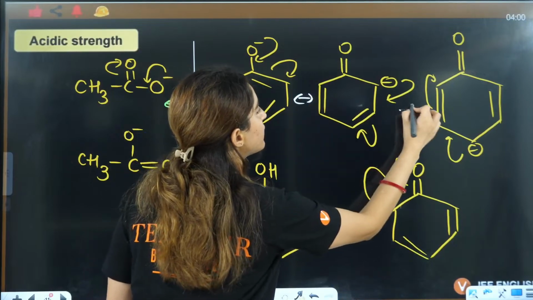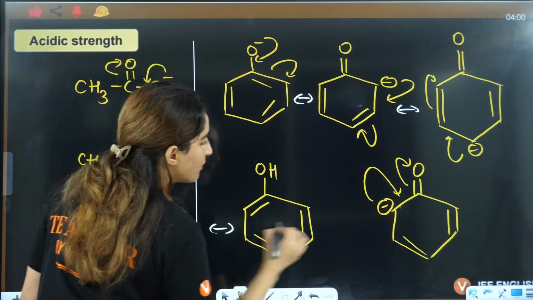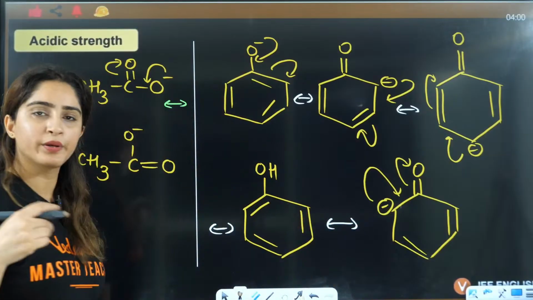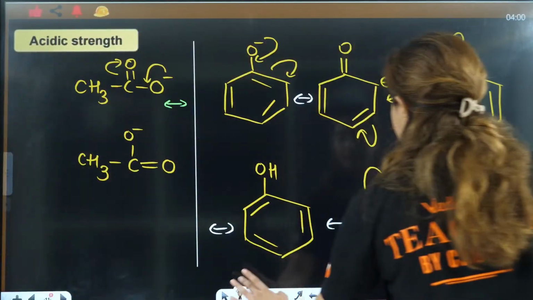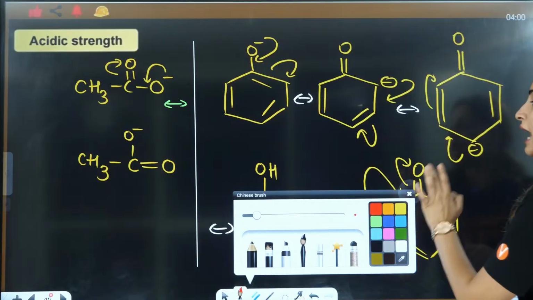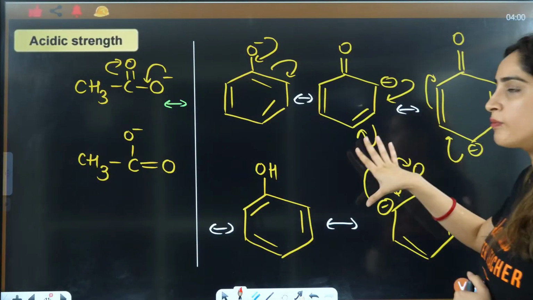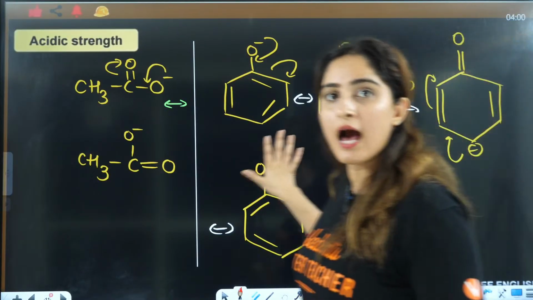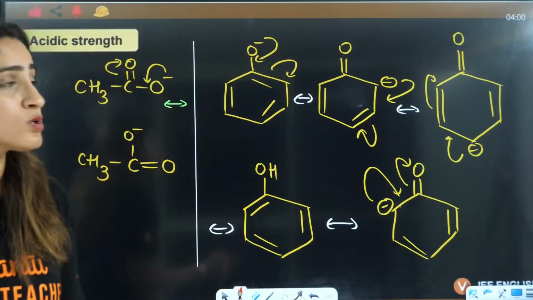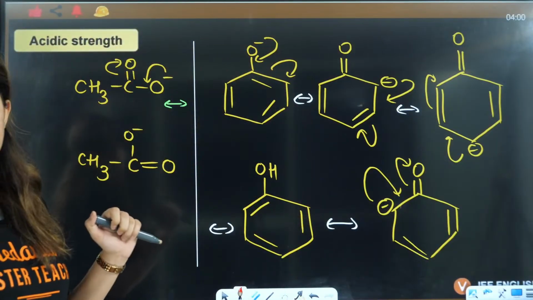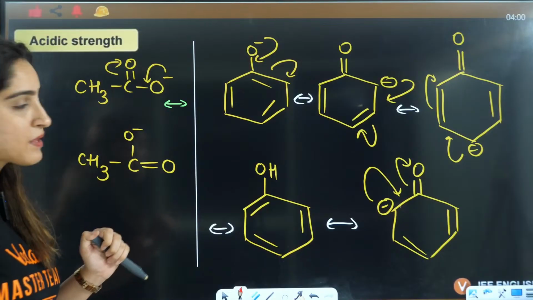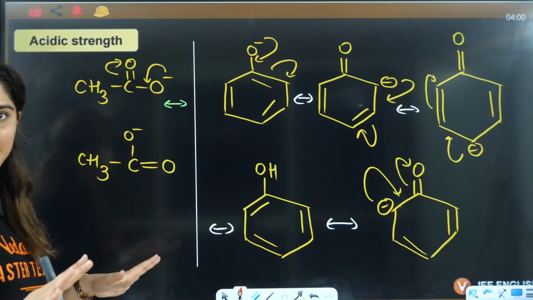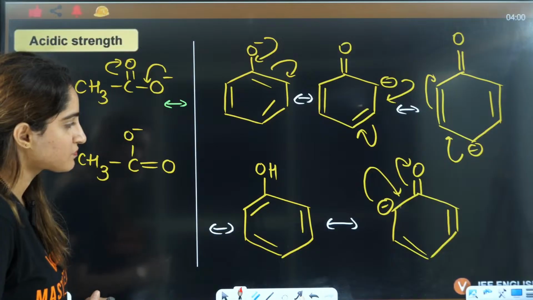So, if you remember, we have studied that the more the number of resonating structures, the more will be the stability, right? So according to that logic, this phenoxide ion should be more stable as compared to this carboxylate ion. But in reality, this is not the case.